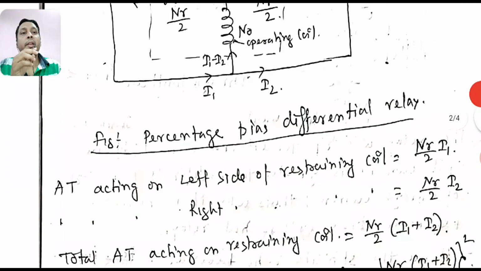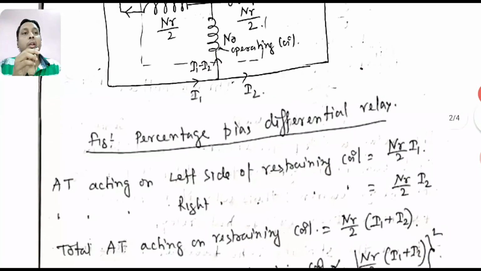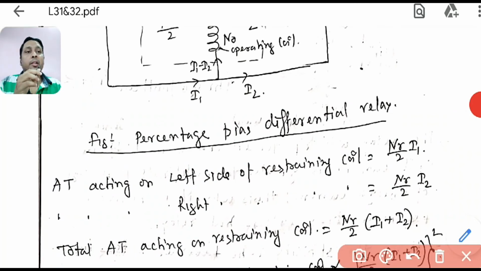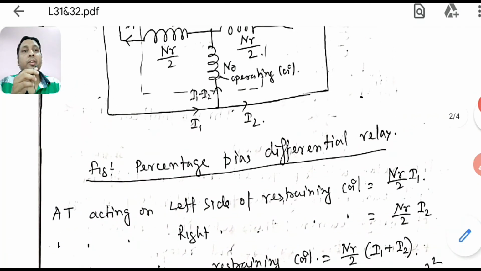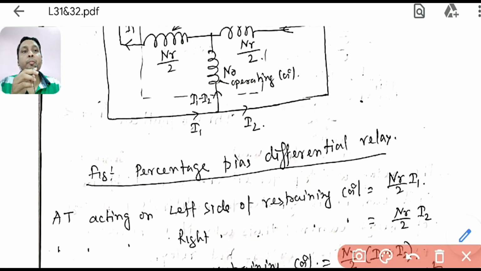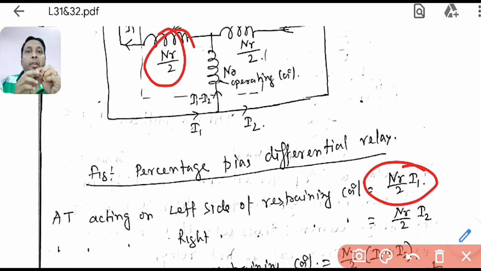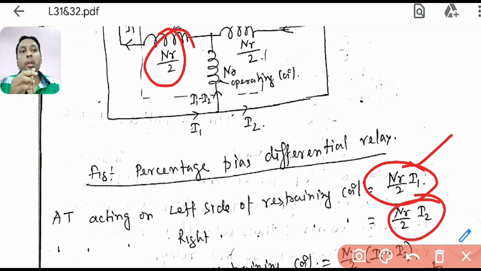Now let's see some properties of this percentage bias differential relay. What is the ampere turn here? It is turns into ampere. What is the turn? This is NR/2, where NR is the number of turns of the restraining coil, divided by 2, into the I1 current flowing through this, and the second one is NR/2 into I2.